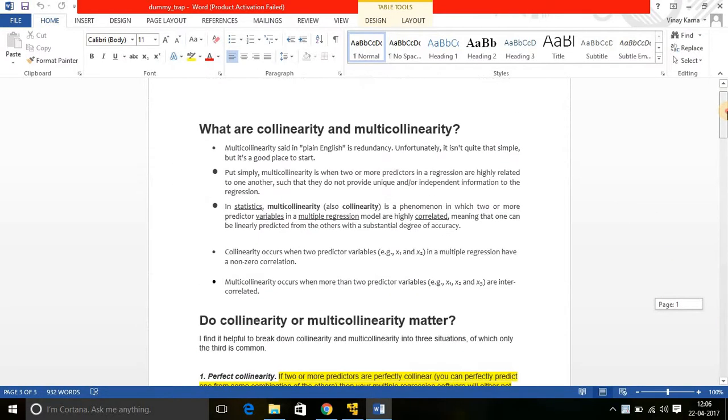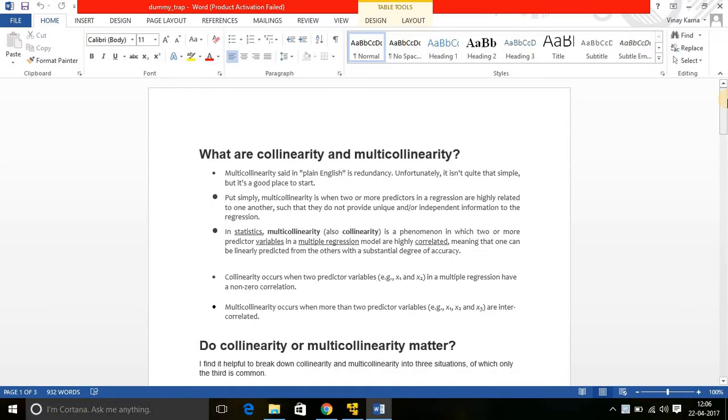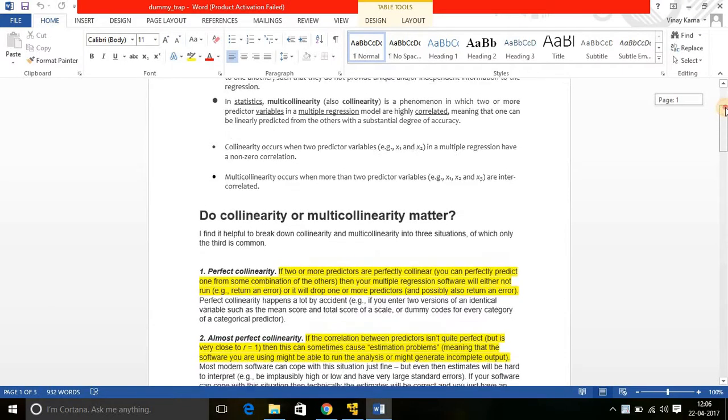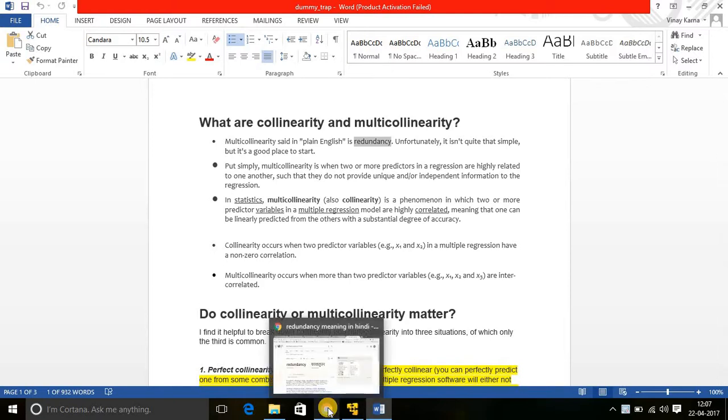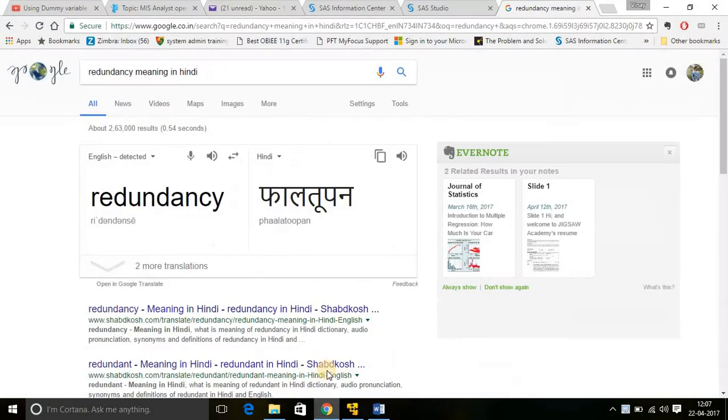Now let's talk about multicollinearity. What is collinearity and multicollinearity? First we'll talk about the concepts and then we'll jump to the coding. Multicollinearity is redundancy. I talked to you about redundancy, we know what redundancy is. And collinearity is something like, if there is a male dummy, we need not create a female dummy. That is just faltupana.